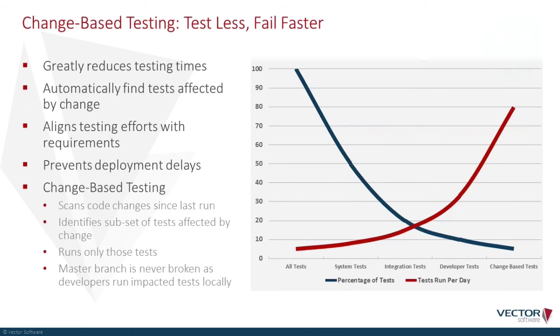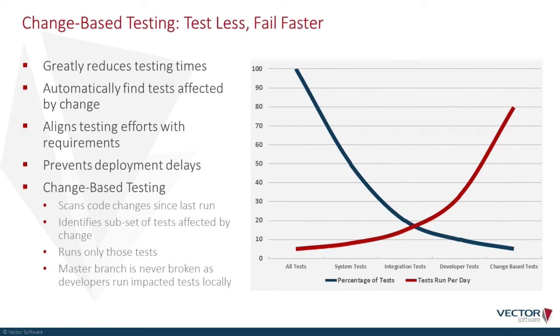And so what change-based testing does is it allows you to reduce those testing times because it's figuring out what small subset of tests need to be re-executed based on a code change. And that's done quickly, and it helps move that testing back into the engineer's lap versus at the end of the life cycle in the QA team's lap.